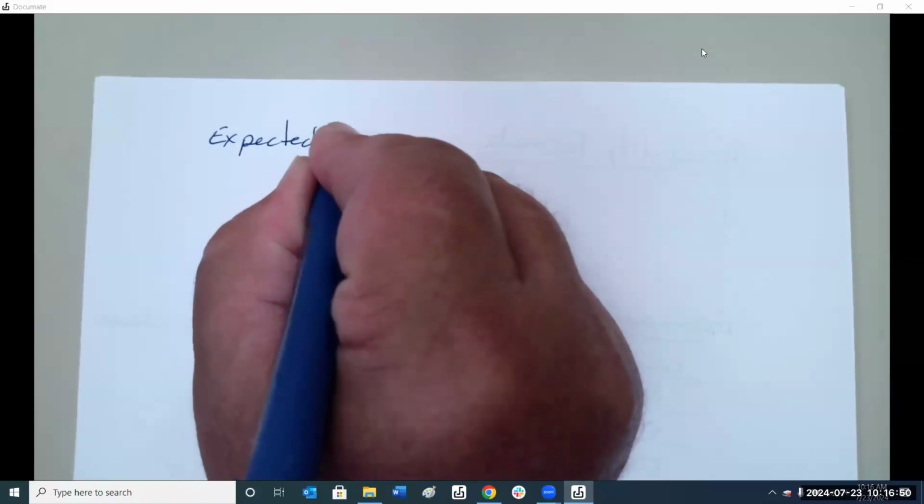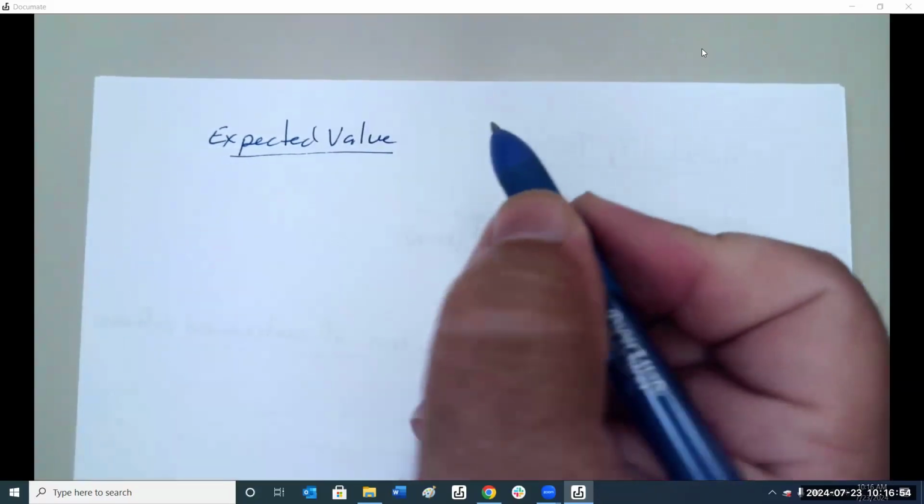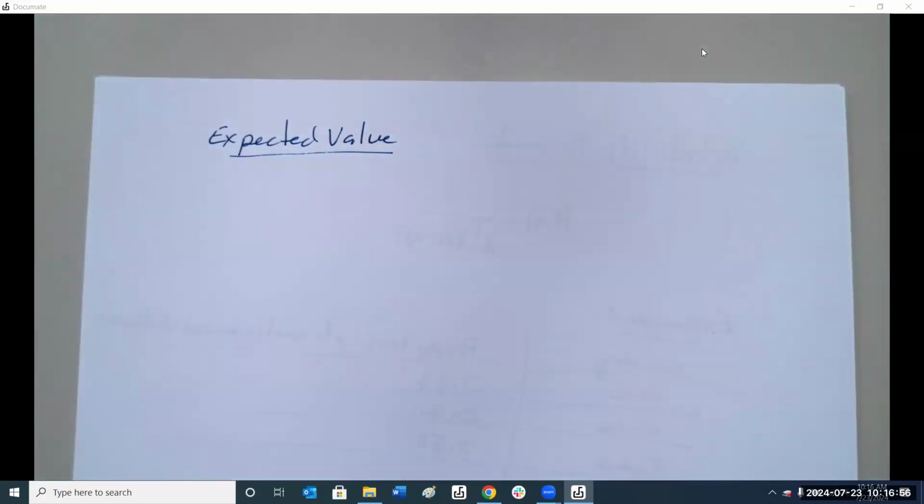Expected value. We talked about last time, the probability of rolling a 3 with a roll of a die is 1/6.